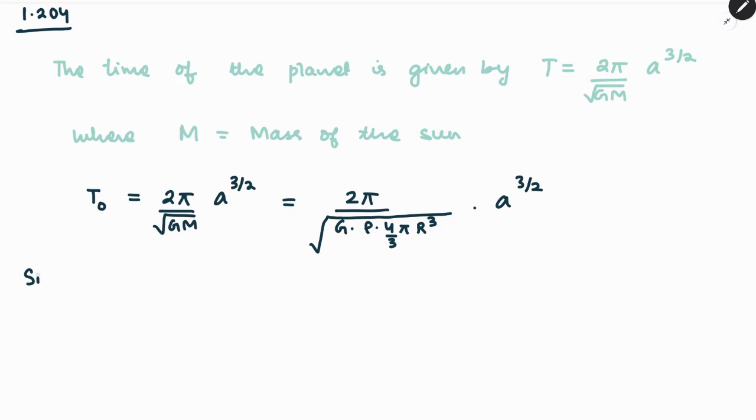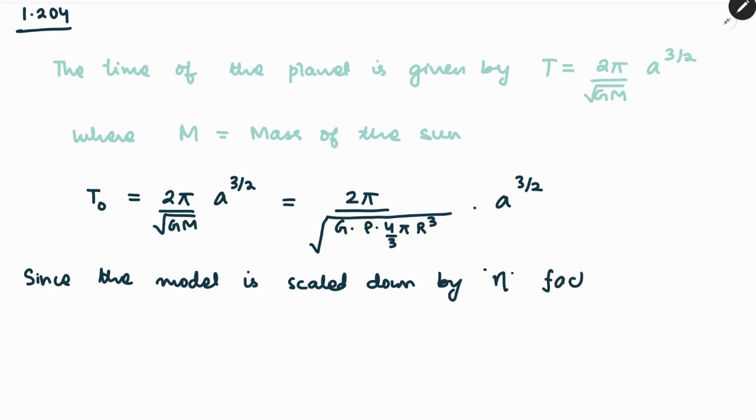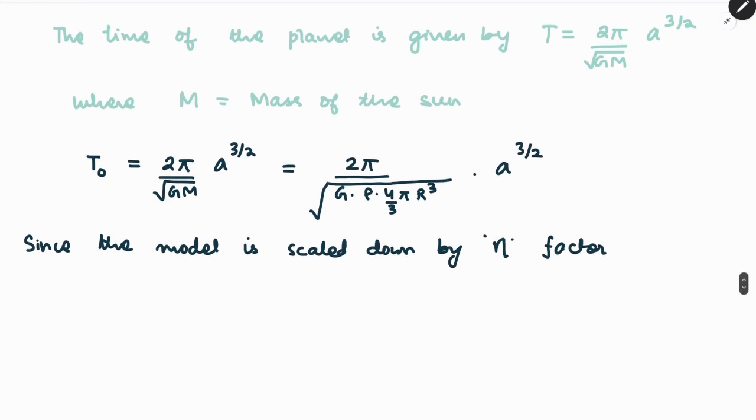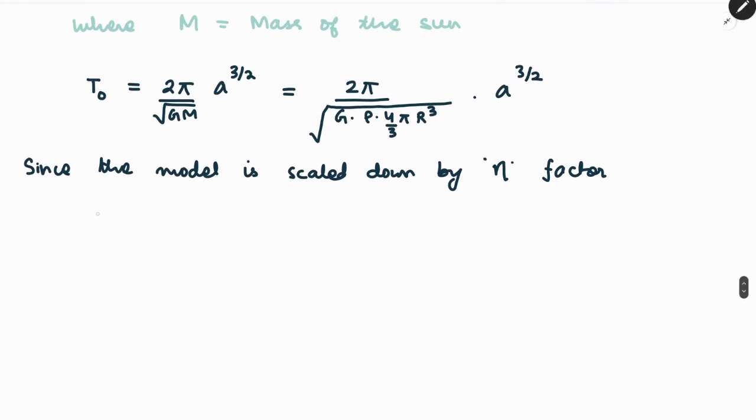Now we write, since the model is scaled down by eta factor, then over here we say that R new is equal to R by eta and A new is equal to A by eta.